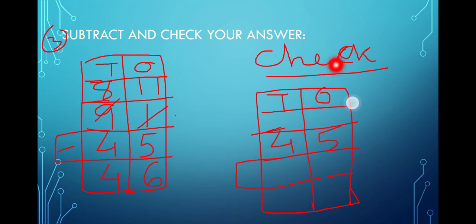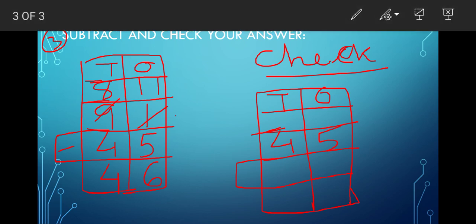So how do you check to find out whether the answer is wrong or correct? You have to add the smaller number and the difference, and if you are getting the bigger number, that means this 91 as the answer, then your subtraction is correct.